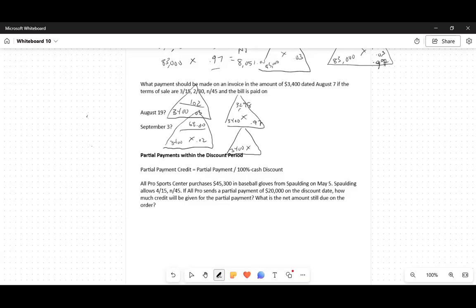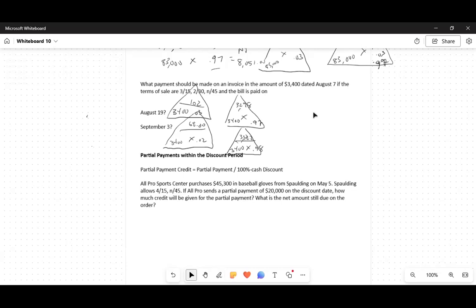So I can multiply by 0.98. And 3,400 times 0.98 is $3,332. So the first one I saved $102 by paying it by the 19th, and I saved $68 if I instead paid it by the 3rd.